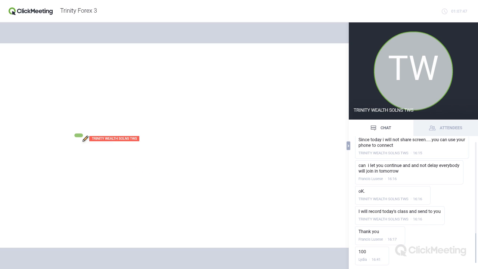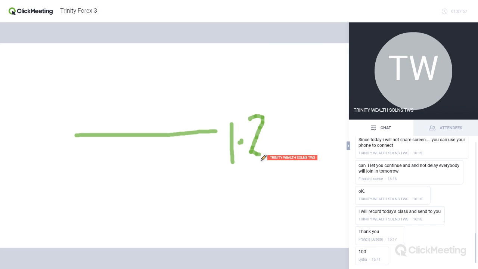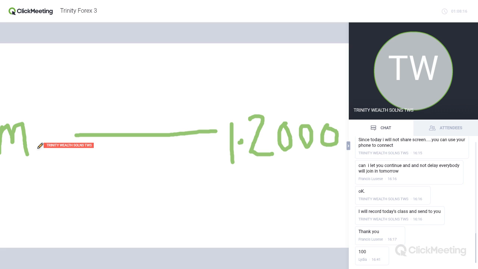So currently the price is here, and it is 1.2000. So that is our current, this is our market price. I'll call it MP to mean our market price.